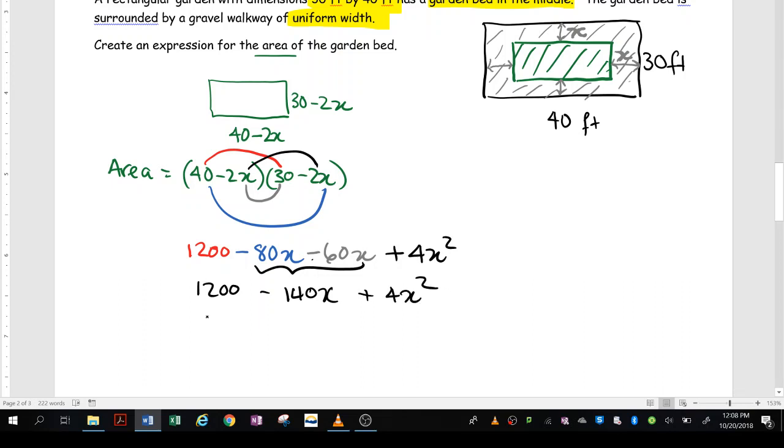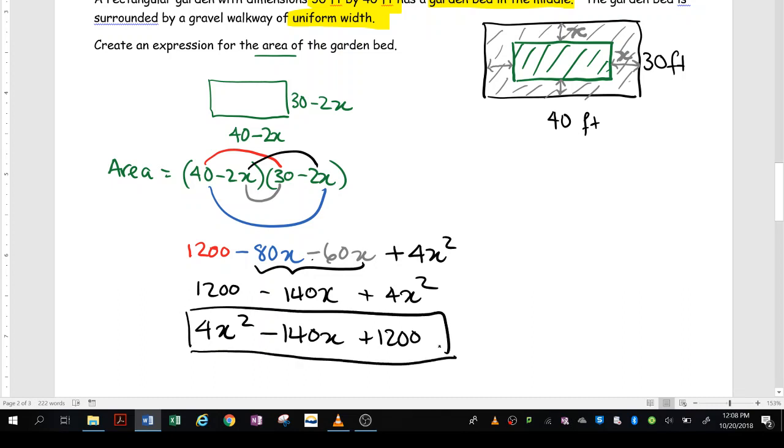Now we should write this polynomial with the highest degree term first. So that's 4x squared minus 140x plus 1200. And that is an expression for the area of the garden bed.